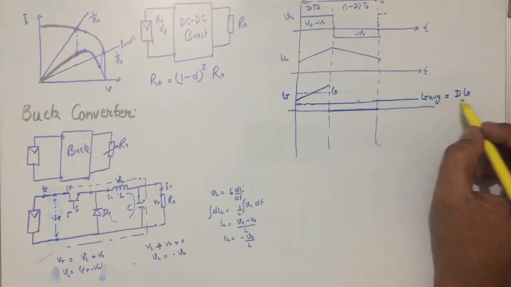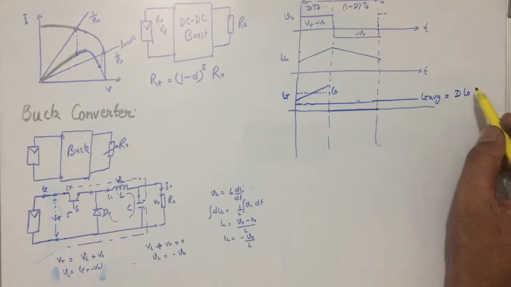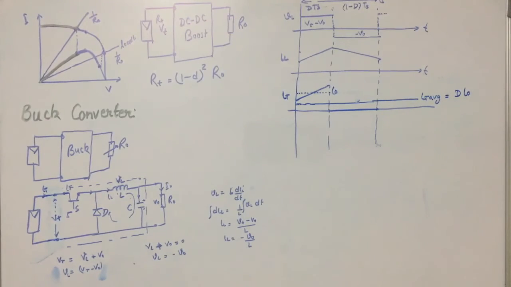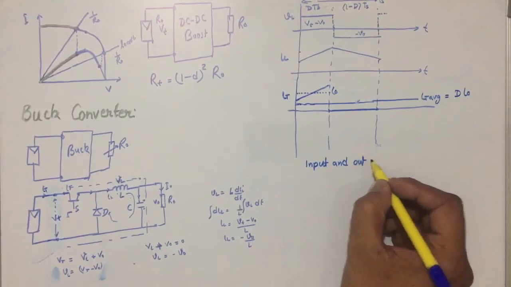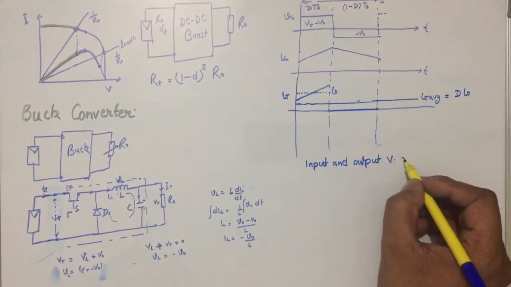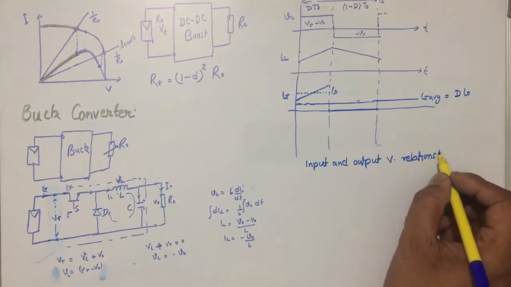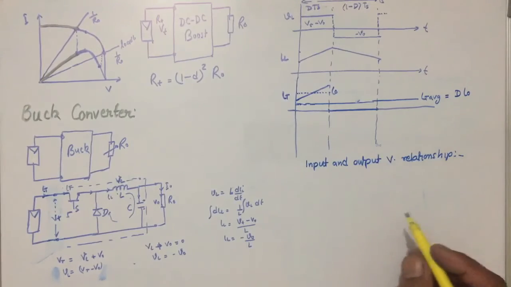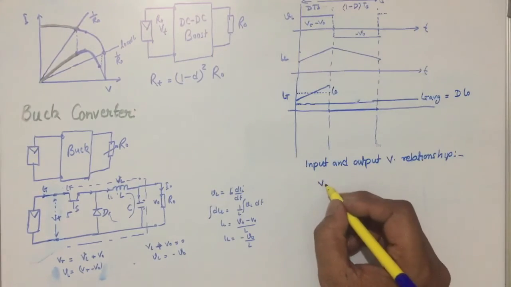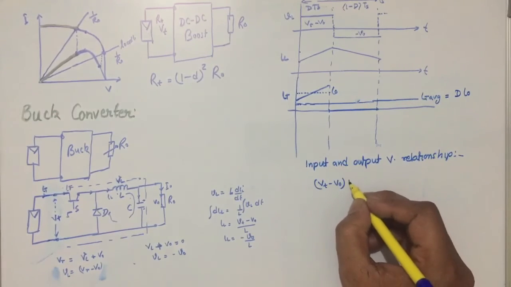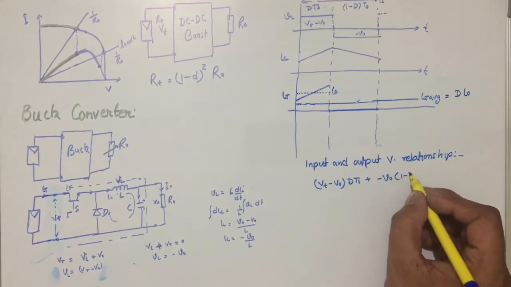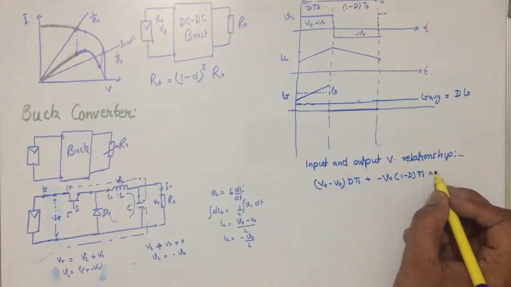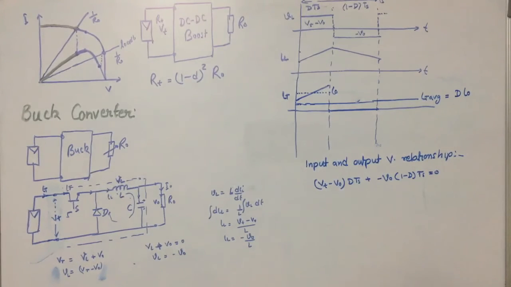Okay, so I_T average will be D I naught, and from here if we talk about the relationship between the input and output voltage, then we can say (Vt minus V naught) times the time of operation, plus (minus V naught) times the time of operation, will give us the sum of V_L equal to 0 for a cycle.